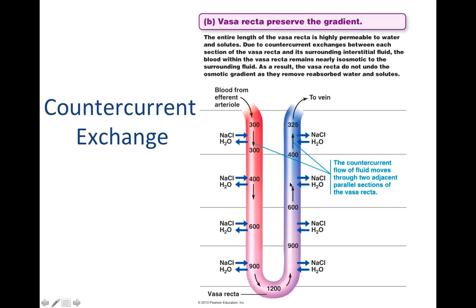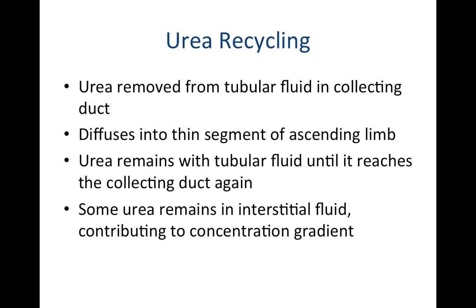So you end up bringing that water back into your blood, and you end up depositing all of that salt right back in the interstitial fluid. So that's why, in addition to the increasing osmolarity of your renal tubule and the vasa recta, you're also going to have increasing osmolarity as you go deeper into the medulla. So the vasa recta, these blood capillaries, will help to preserve, to maintain that concentration gradient.